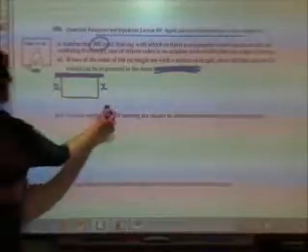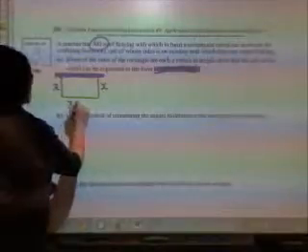What do you know about the fence? We know that the rancher has 300 meters of fence. So that means this side plus this side plus this side has to equal 300. So if I know what these two sides are, how do I find this one? 300 minus 2x.